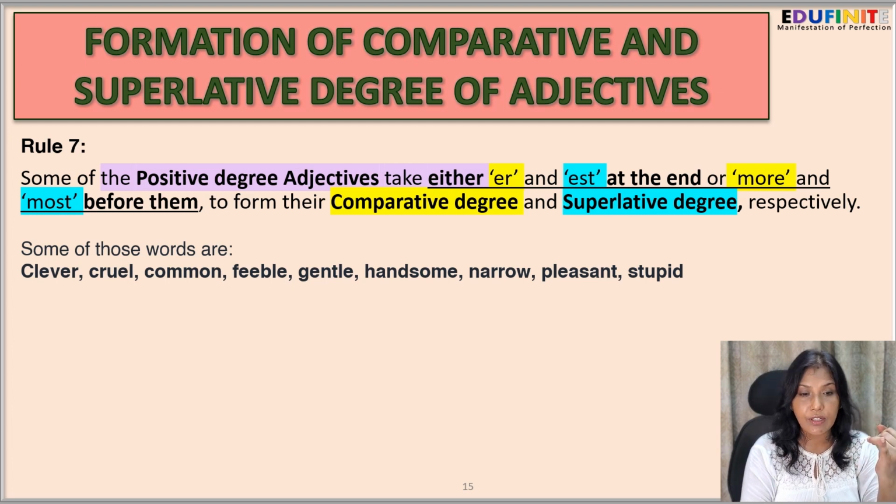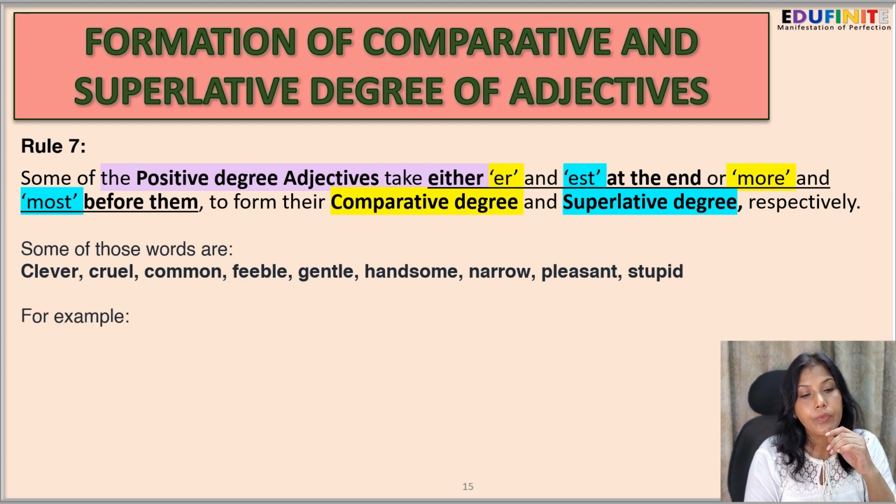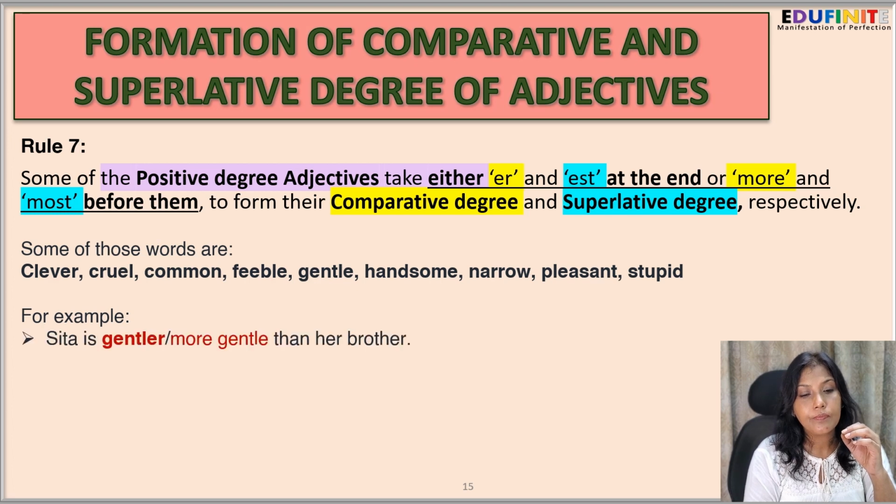So now let's look into some of those words. They are like clever, cruel, common, feeble, gentle, handsome, narrow, pleasant, stupid, etc. Now, for example, Sita is gentler than her brother. We can say it this way, or we can say Sita is more gentle than her brother.